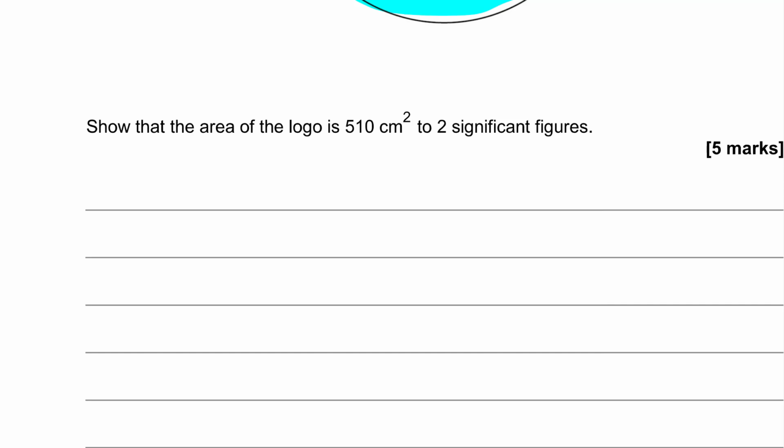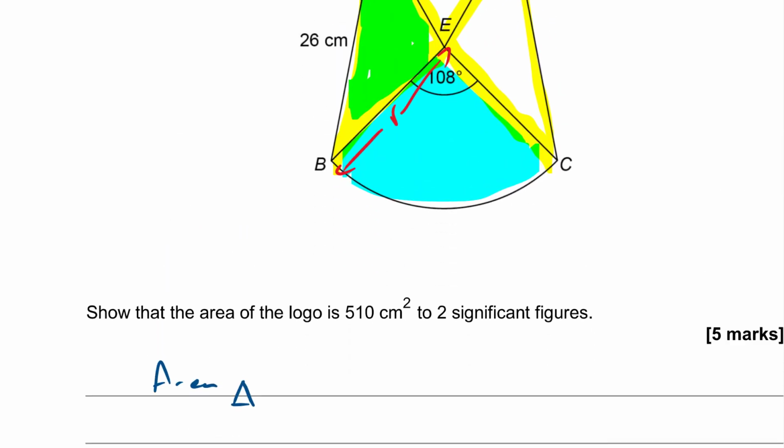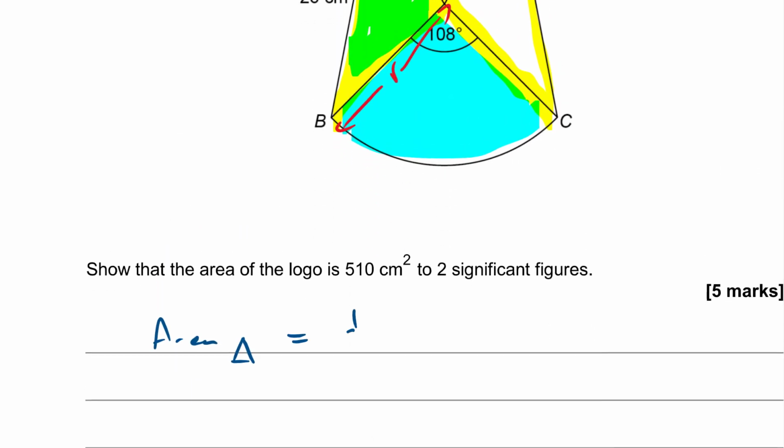So the area of the triangle is going to be half ab sine C. That's our formula for an area of a triangle using trigonometry, which is our two sides and our included angle.